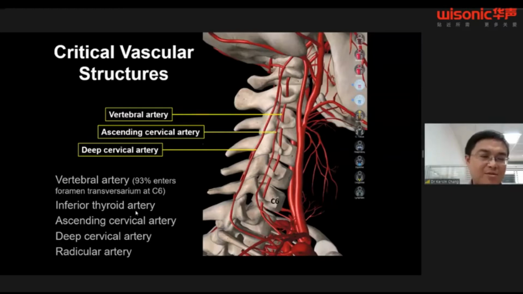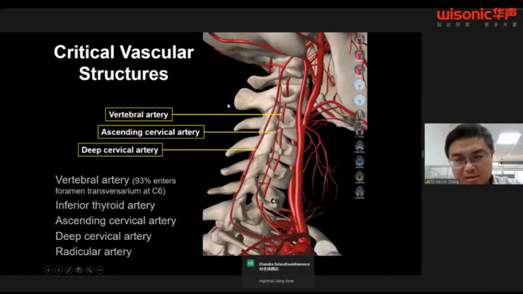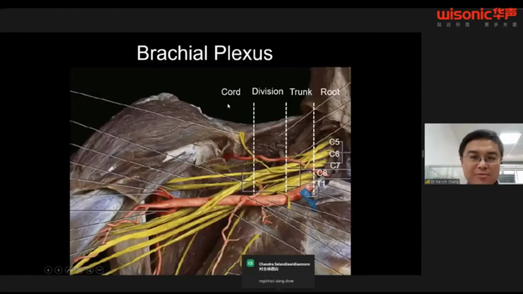And then there are also some arteries like the ascending cervical artery and the deep cervical artery. Both arteries course very close to the facet column. So when you perform the medial branch block or the facet joint injection, you have to be careful not to hit the ascending cervical artery and the deep cervical artery.